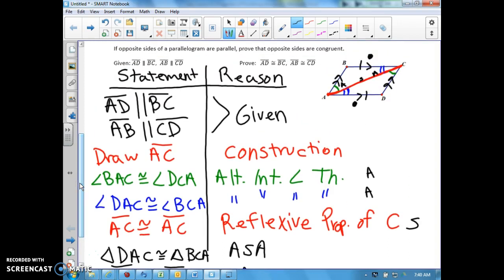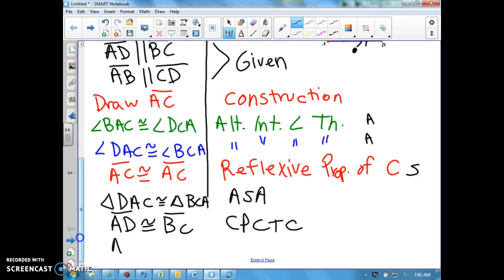And AB has to be congruent to DC for the same reason. They're both a corresponding leg in these two triangles. So I can say that AB is congruent to DC, again by CPCTC. Well, I have now proven the two things I wanted to prove. I'm done. QED.